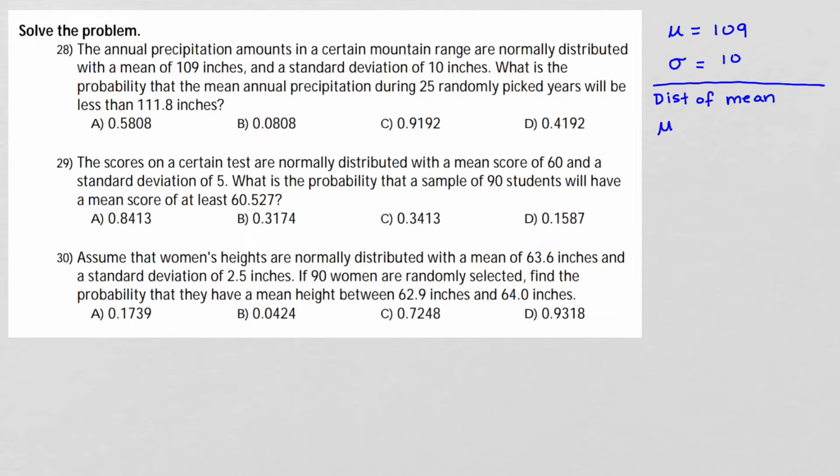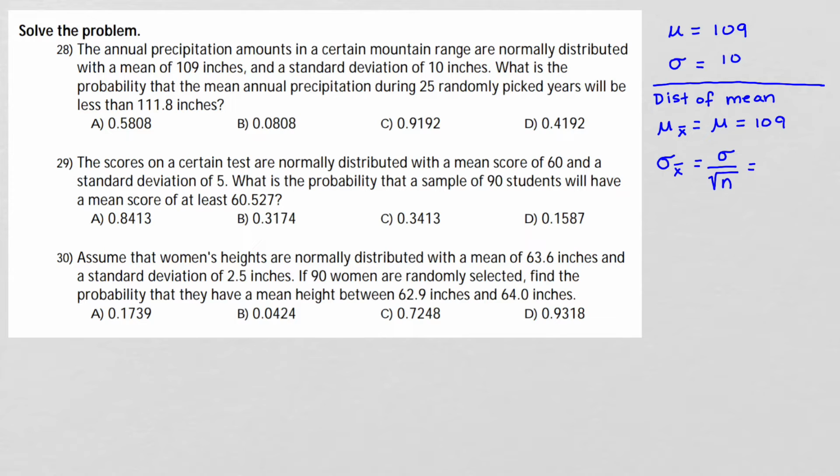So the mean of sample means is just going to equal the mean, and that is 109, so that's straightforward. The standard deviation, or the spread of the sample means, is the standard deviation of the original data set distribution, divided by the square root of the sample size.